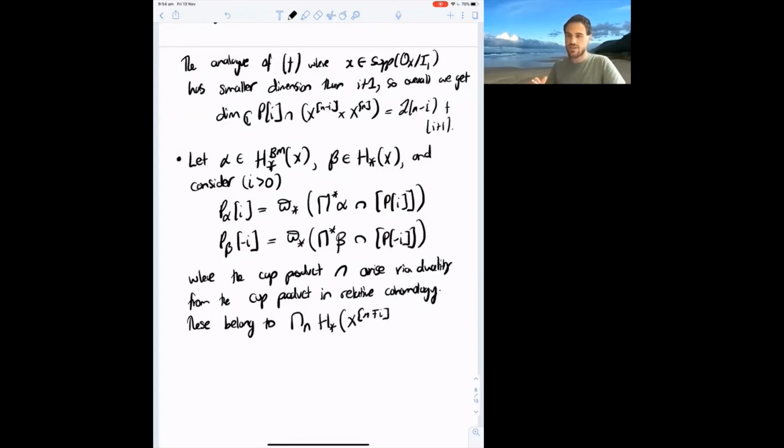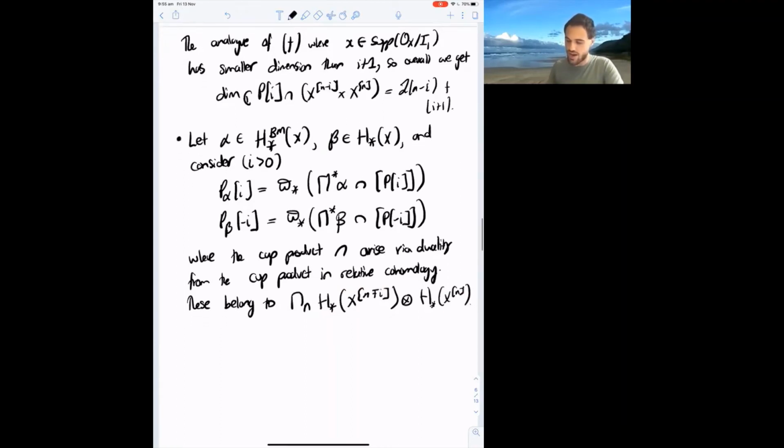If i is negative, you're adding, which is consistent with what we had above. But we're going to be mainly focusing on a particular n. So if you look at the intersection of these with each n, then you have something in this tensor product, which, based on what we saw last week, gives you an operation.